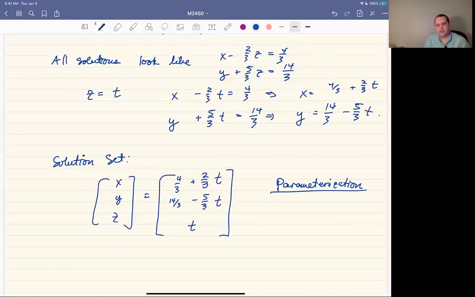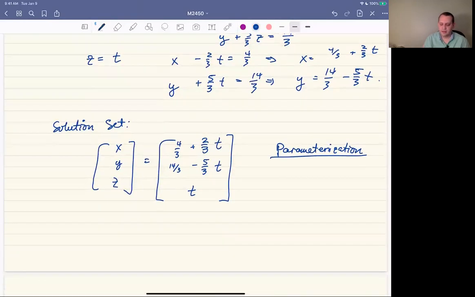Now, the reason that's useful is that it helps us picture geometrically what's going on. We have three equations and three unknowns, and three unknowns means we're working in three-dimensional space. These equations, like x plus y plus z equals 6, are planes. If we think about how we could intersect planes, there are a few options.